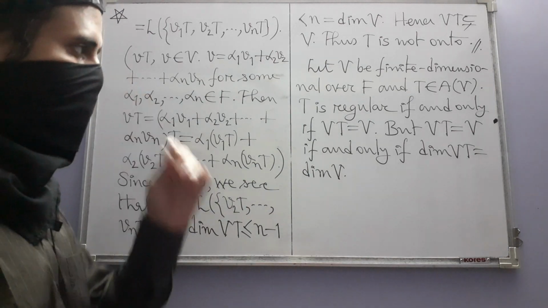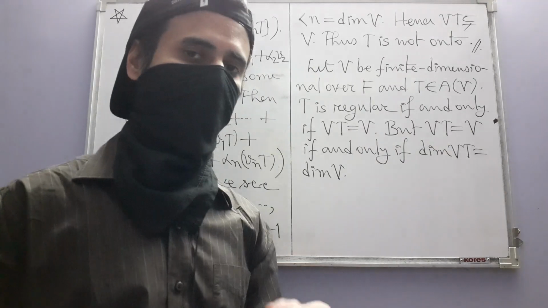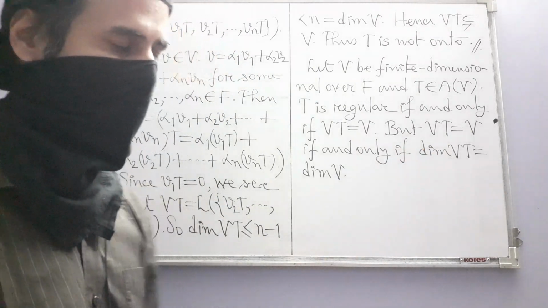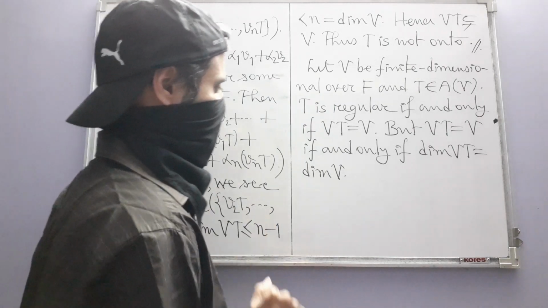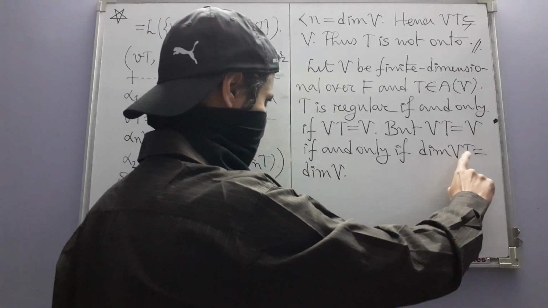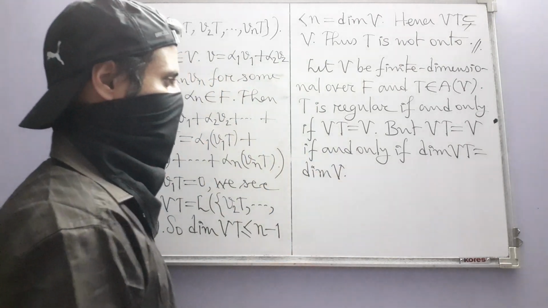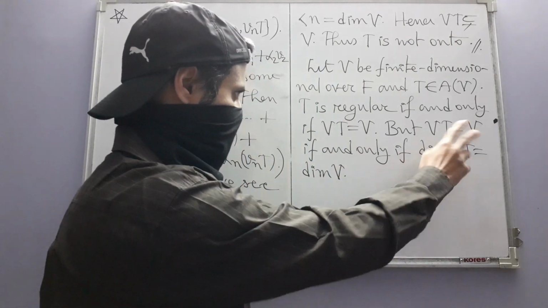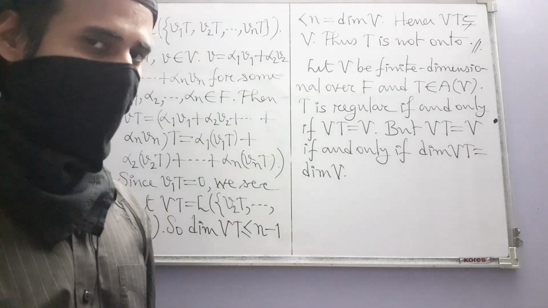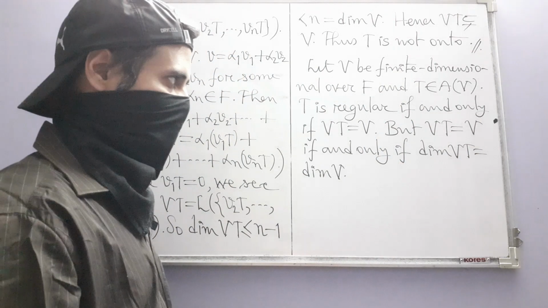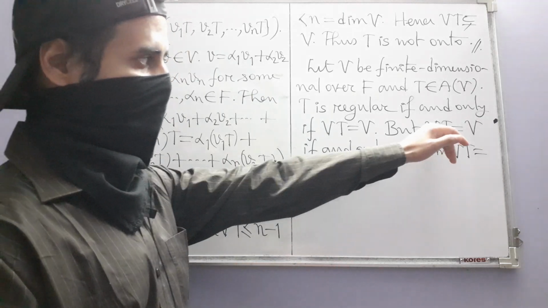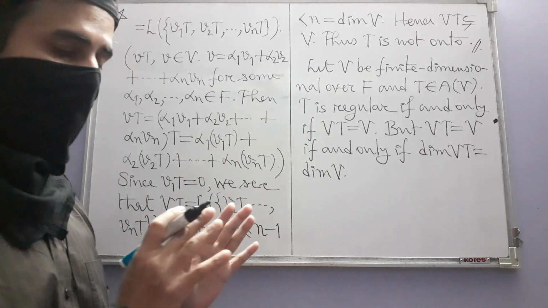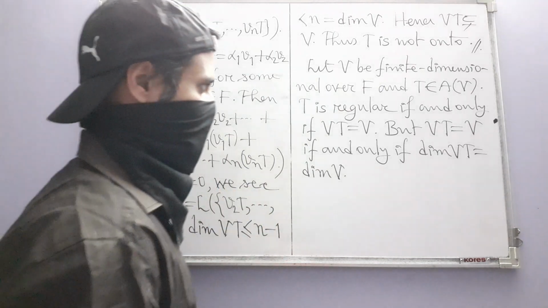Well, if two finite dimensional vector spaces are actually the same, then of course their dimensions also are the same. But what about the converse? Suppose the dimension of Vt is equal to the dimension of V. Does that also imply that Vt is equal to V? Well, in general, it does not exactly imply equality but isomorphism, but here the situation is somewhat special.